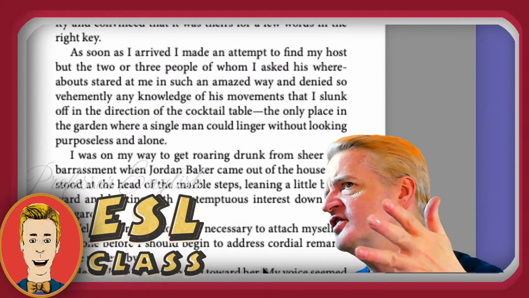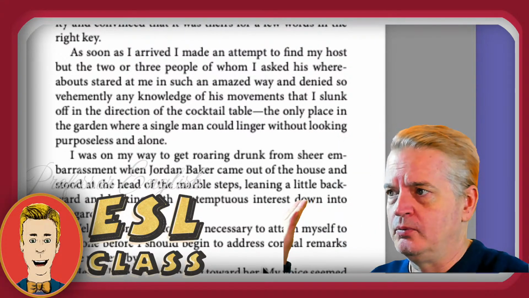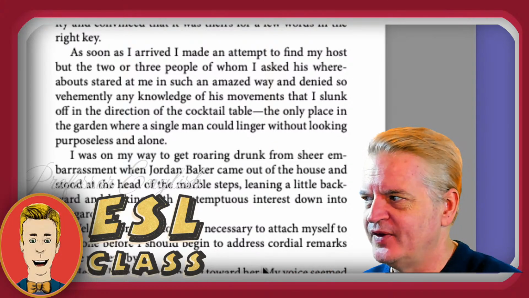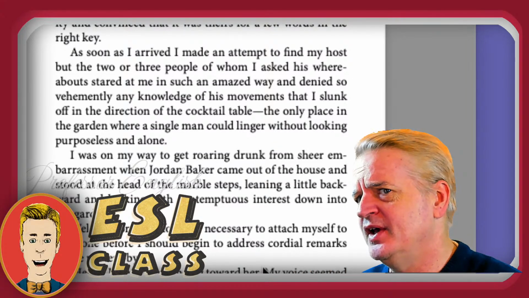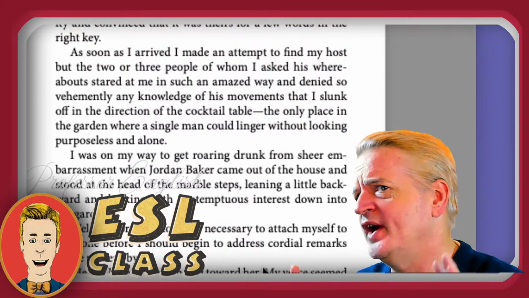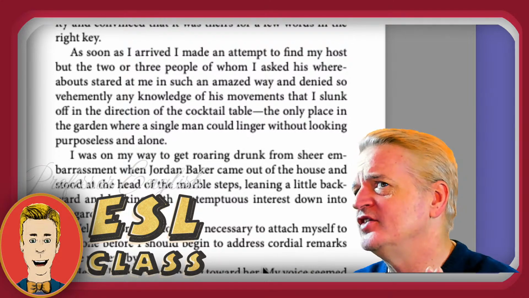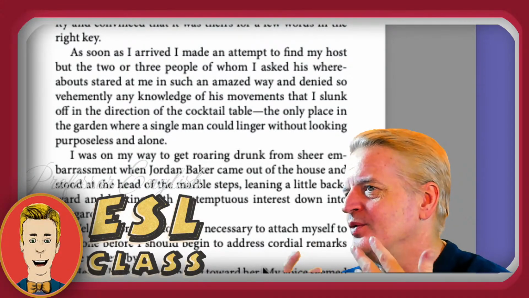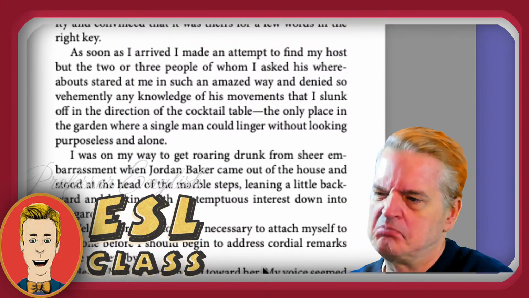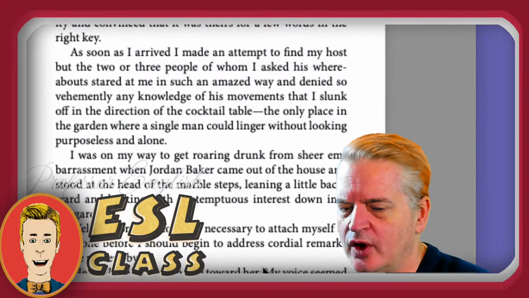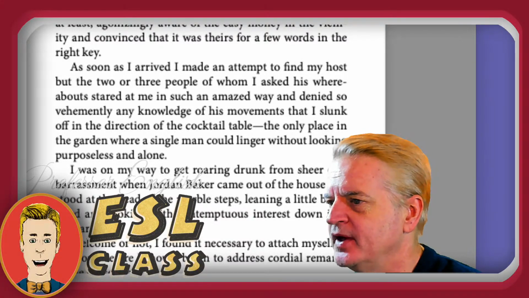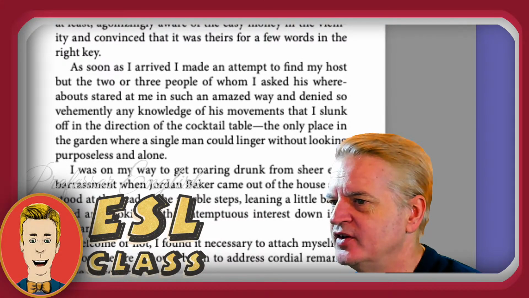So he's saying, where's Gatsby? And people say, I don't know. They say it very strongly, very sure, to avoid any more questions about it. So in order to avoid that kind of questioning, they say, I don't know, very vehemently. When you're vehement about something, you're very passionate and very strong about it.